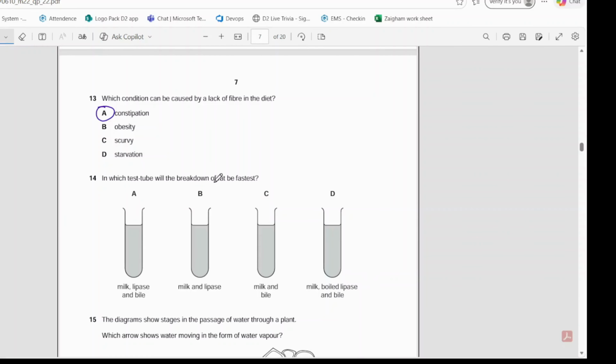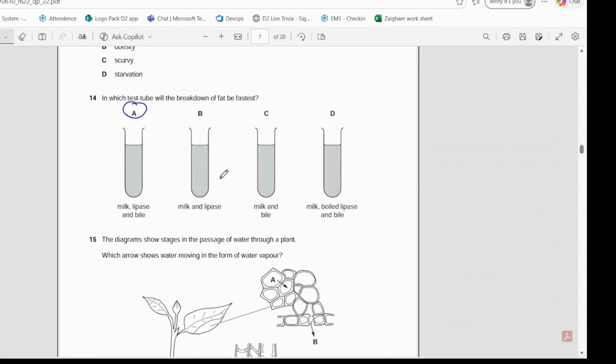In which test tube will the breakdown of fat be fastest? Milk, lipase, and bile, all three are required. So it's A. The boiled one won't work because the enzyme would get denatured.